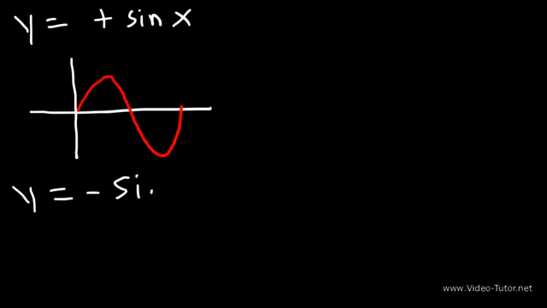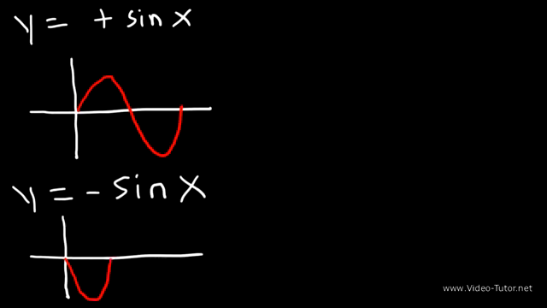How does the graph of negative sine x look like? For this graph, it starts at the center, just like positive sine, but instead of going up, it's going to go down first, and then it goes back to the middle, and then up. So that's the graph of negative sine.